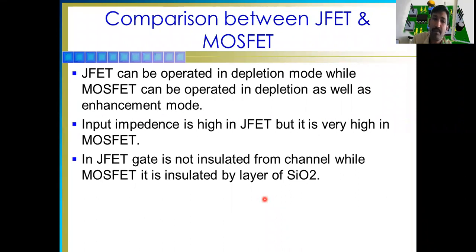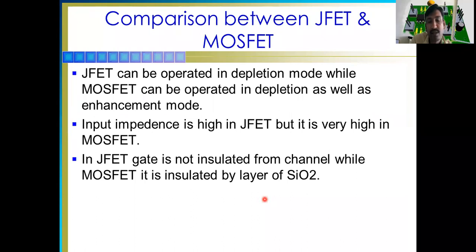But in MOSFET, depletion and enhancement are the subtypes, and in depletion there are 2 channels and in enhancement also 2 channels, right? So the first difference is JFET operates only in depletion mode, while MOSFET works in both depletion as well as enhancement.